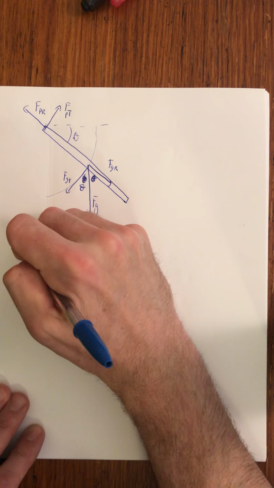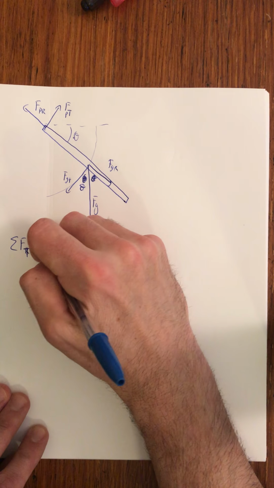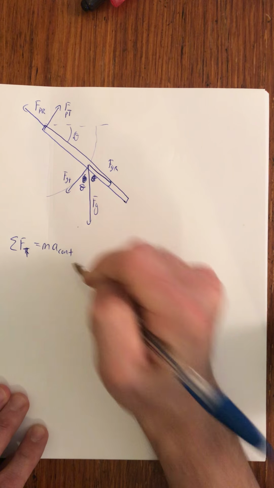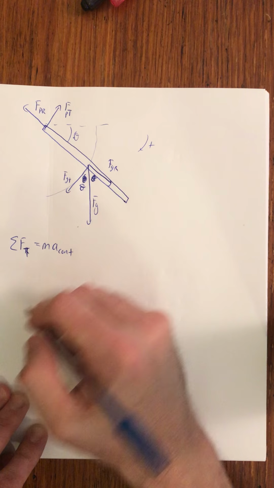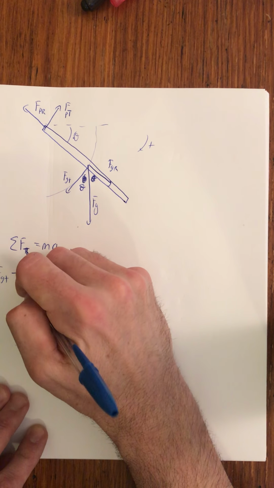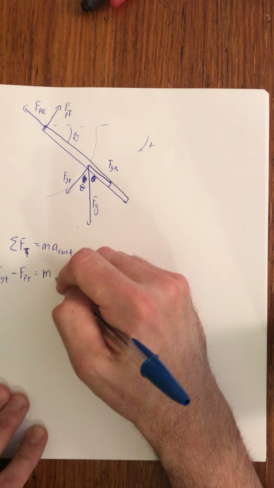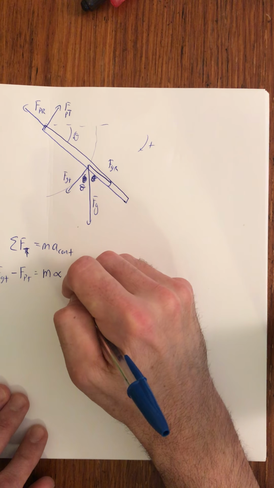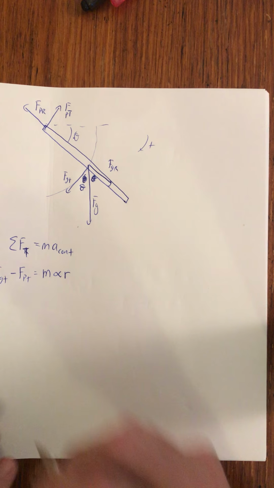So the sum of the forces in the radial direction, or the tangential we're doing first, is equal to M A com tangential. So tangentially, once again, we said that direction was tangentially positive. FGT minus FPT is equal to M A tangential, which is alpha R, right? So I'd have to know alpha at that point. Thankfully, I know that.